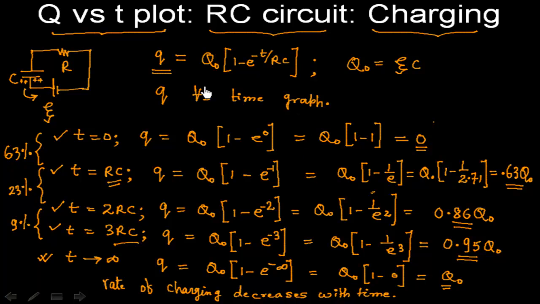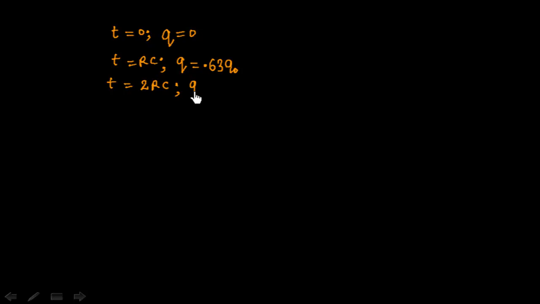Now we want to plot the Q versus T graph. So we have to remember: time equals 0, charge is 0; at RC, 63%; at 2 RC, 86%; at 3 RC, 95%; and when T goes to infinity, this is Q naught. So we'll use these values. T equals 0, Q equals 0. T equals RC, that is 63% charge, so 0.63 times Q naught. T is 2 RC, and this time this is 86% charge.